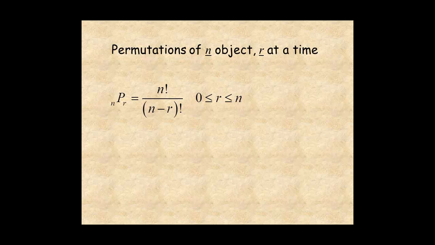So now the formal definition of the permutations of n objects taken r at a time is n factorial over n minus r factorial, where n is a positive integer and r is a number between 0 and n.